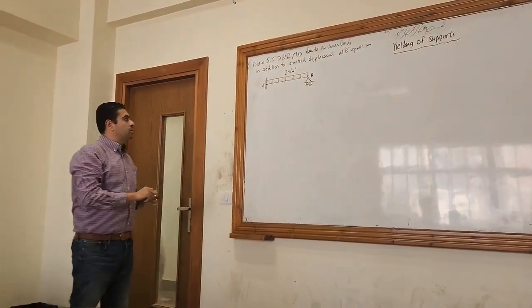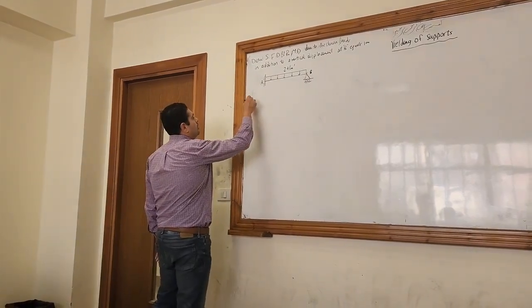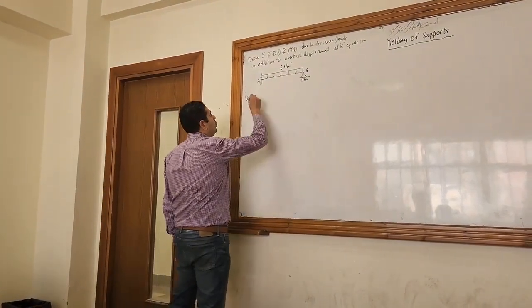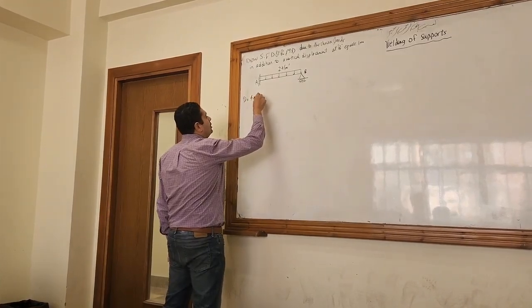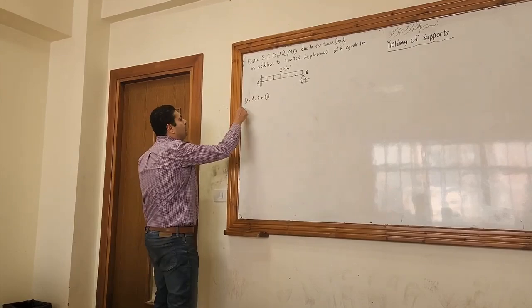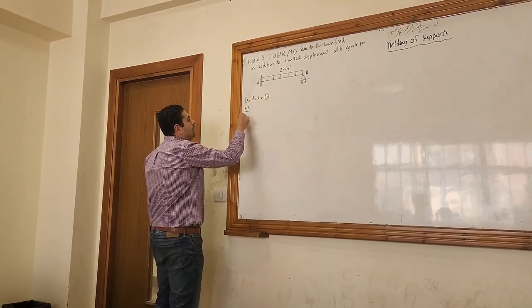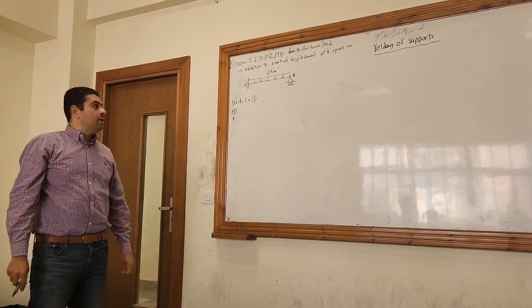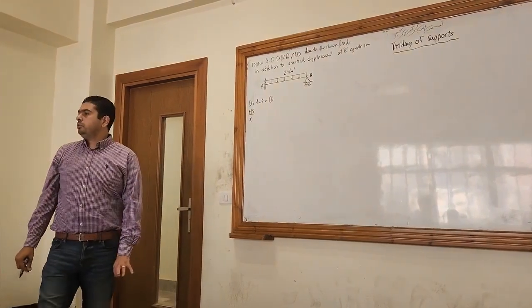The first part, let's calculate the degree of indeterminacy. 3 and 1, 4 redundant, minus 3, so the degree of indeterminacy is 1. What about the main system? Let's remove 1 redundant. Here you don't have the option.